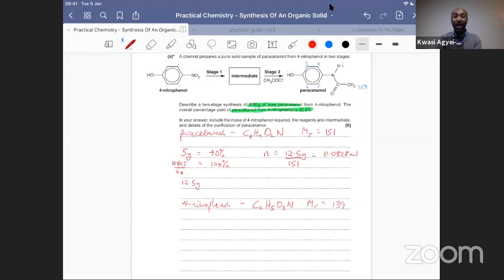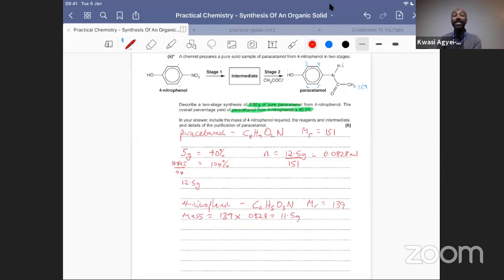Now we can work out the mass of 4-nitrophenol. The mass would be equal to 139 times 0.0828, which is 11.5 grams.